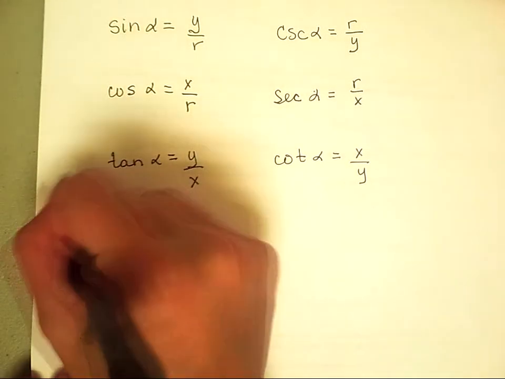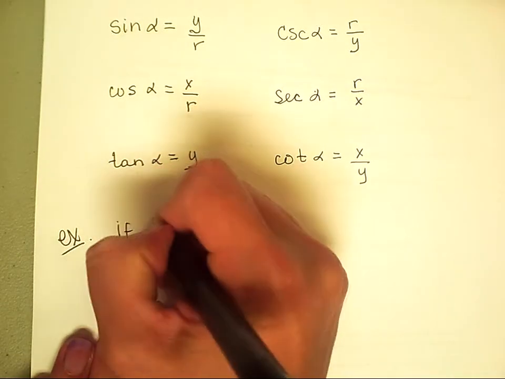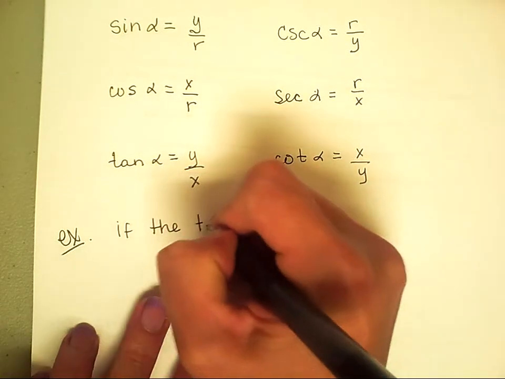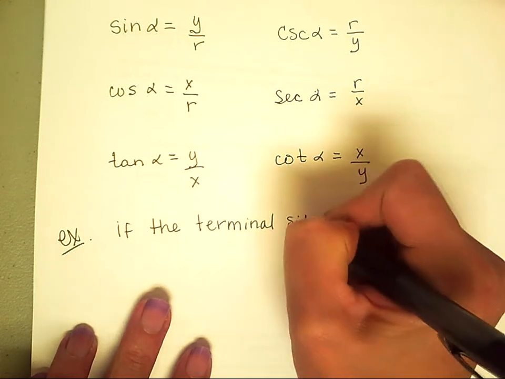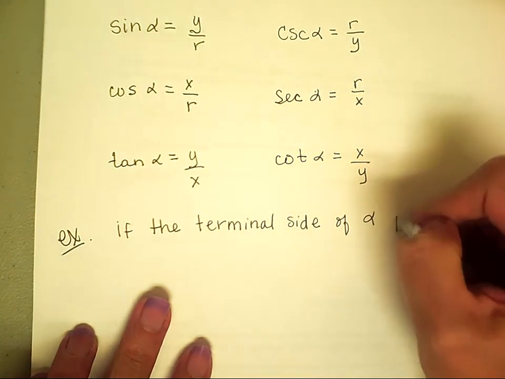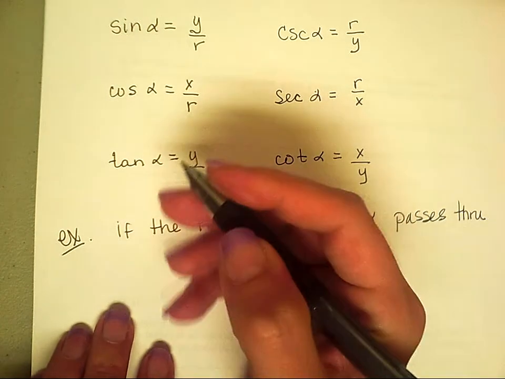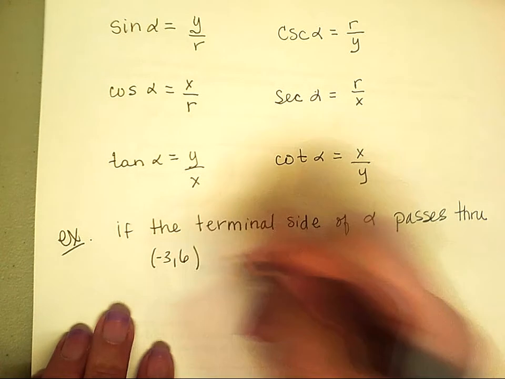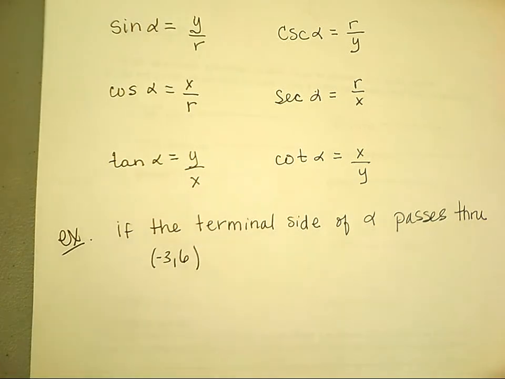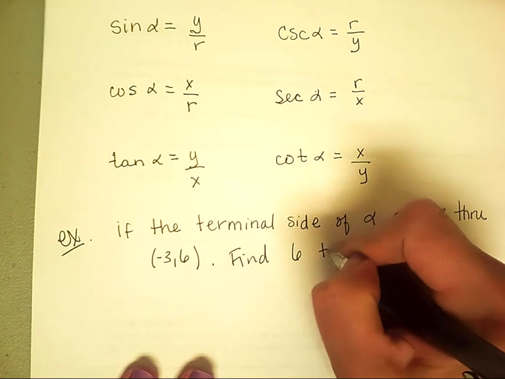So, for example, let's find, if the terminal side of alpha passes through (-3, 6), the 6 trig functions.